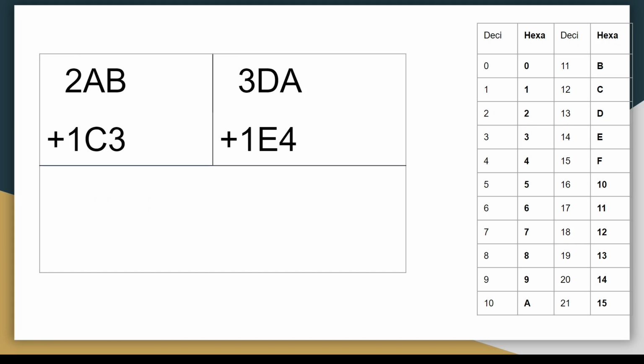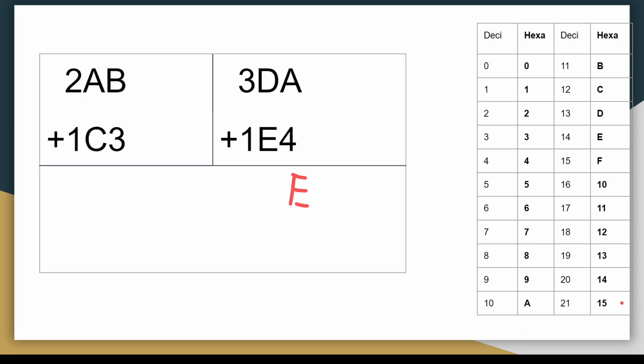The next example we're taking is 3da plus 1e4 hexadecimal. A plus 4 is 10 plus 4, that's just e. And then d plus e is 13 plus 14, that's 27. We can assume that would be 6 more than 21, which is 15, as you can see on the table on the right.